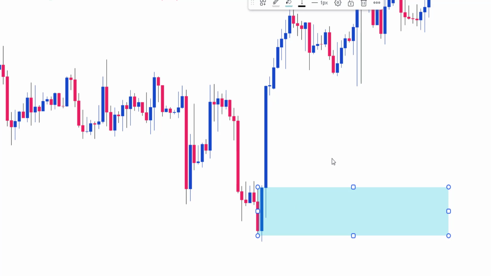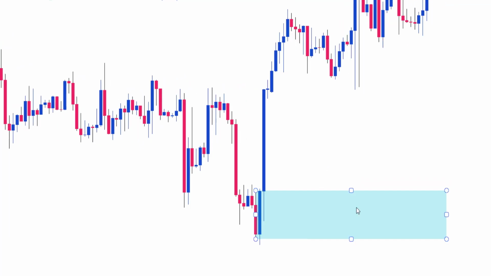How you know that an order block has not been violated is that you don't want to see price closing below the order block. That means if price is coming back, you don't want to see it closing below. I'm going to show you that properly once I go to show you some other ones.